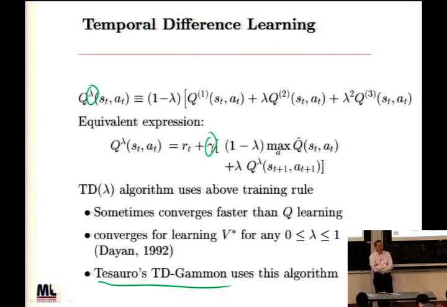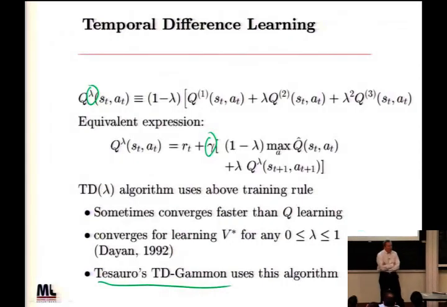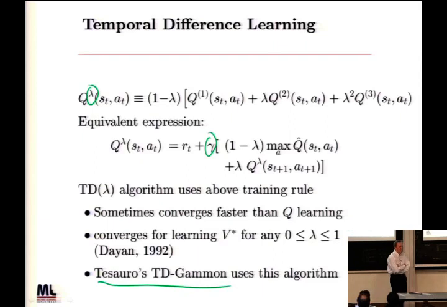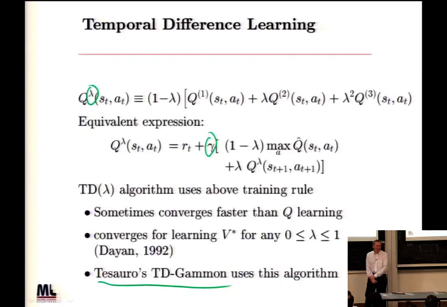For example, if instead of neural networks I use nearest neighbor regression, I take the k nearest neighbors weighted by the distance from this pixel pattern and take the mean of those, that actually works. So that's a different way of generalizing across states. But that one works, and the convergence proof can still be proven.